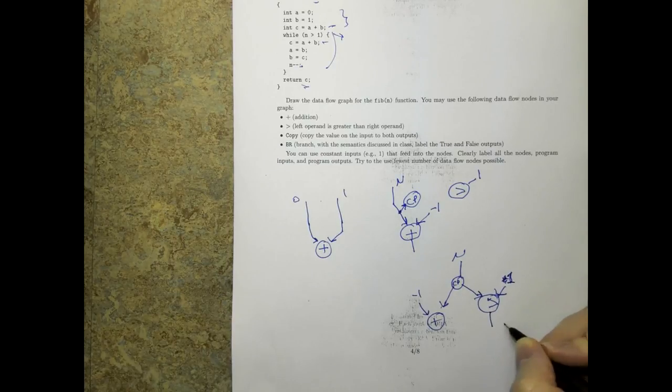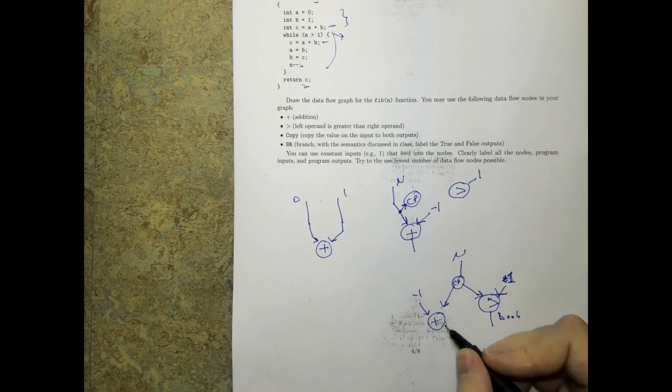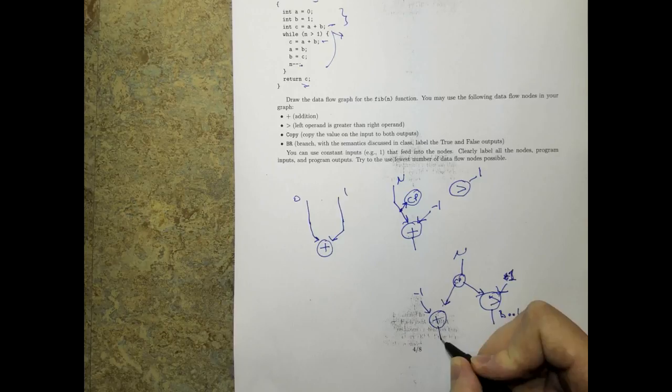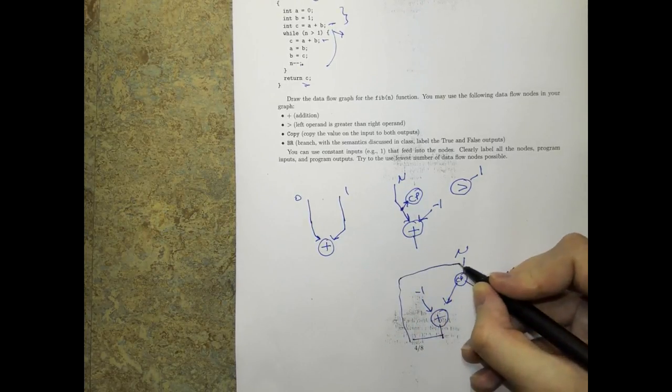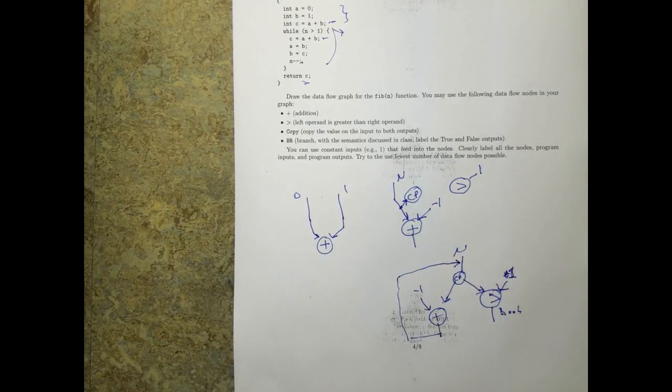And here we get some Boolean value as an output. Here we get the next n, right? So this output will need to be connected here, right? So initially, we have the capital N. This is a constant value.